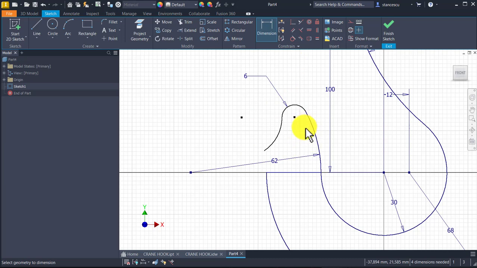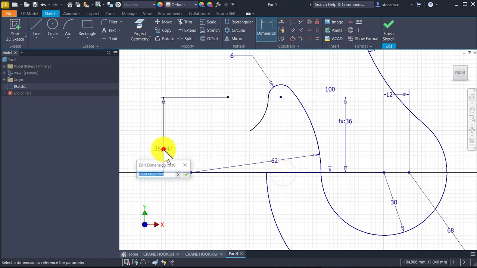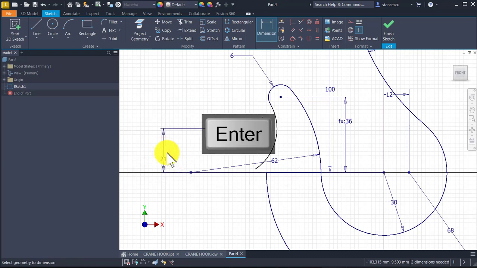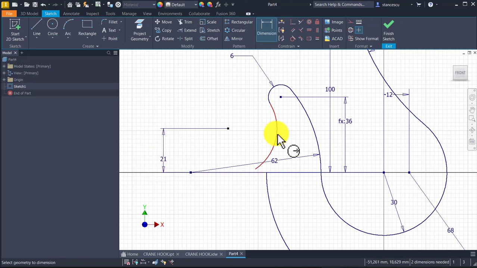This dimension is 42 minus this one as an expression, and we know that the distance from this point to the line is 21, the center, and the radius is 66.